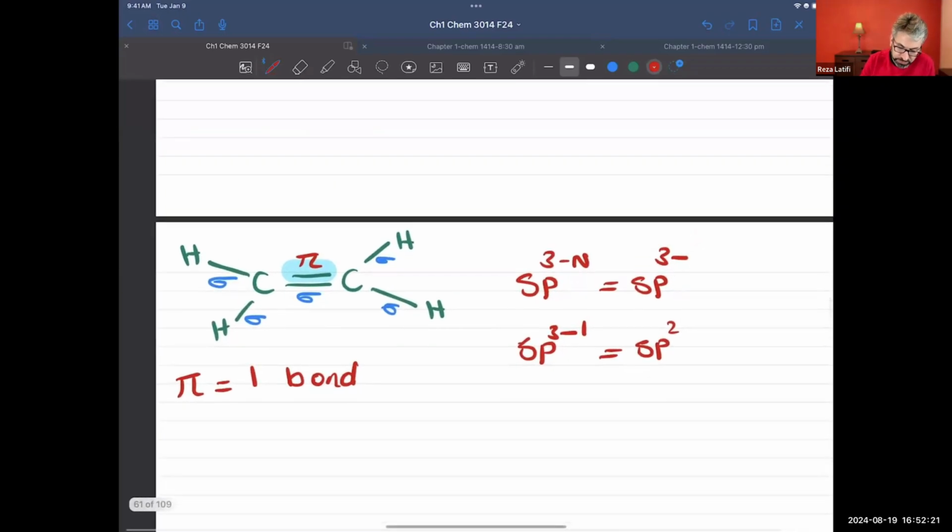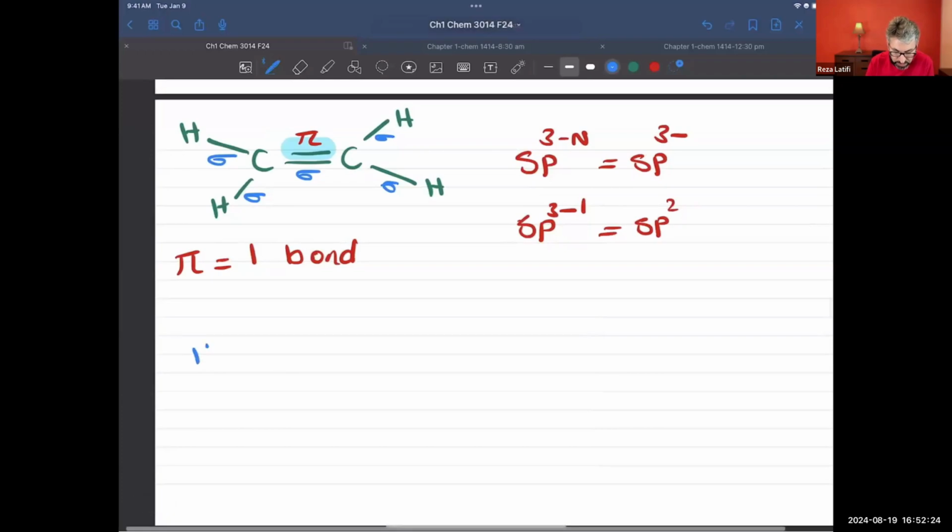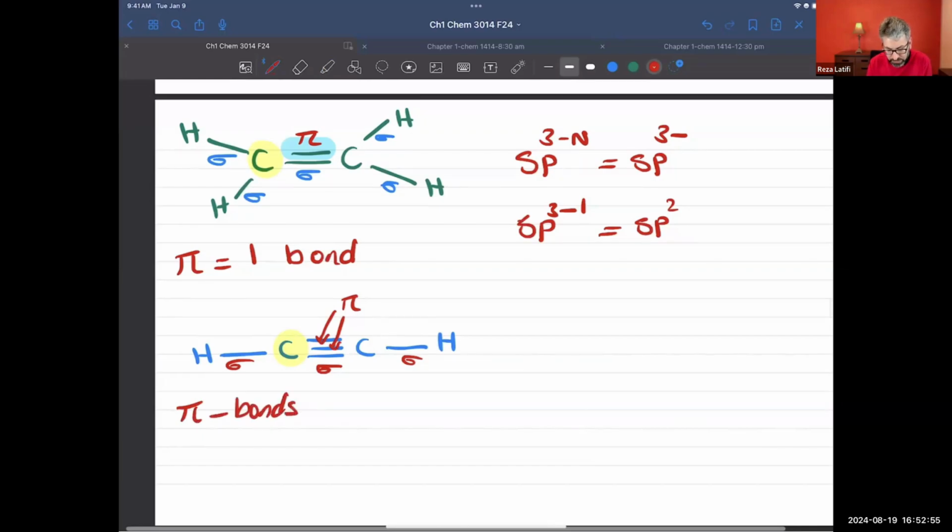How about this? We have carbon, hydrogen attached to carbon, and there's a triple bond, then carbon, and again hydrogen. What's the hybridization? Pick any element, let's say that carbon. In this case, I have sigma, sigma, sigma, and these two are pi bonds. So the number of pi bonds, I have equal to 2.